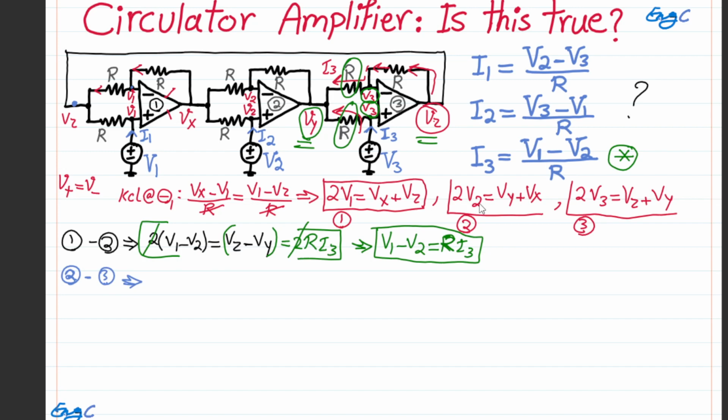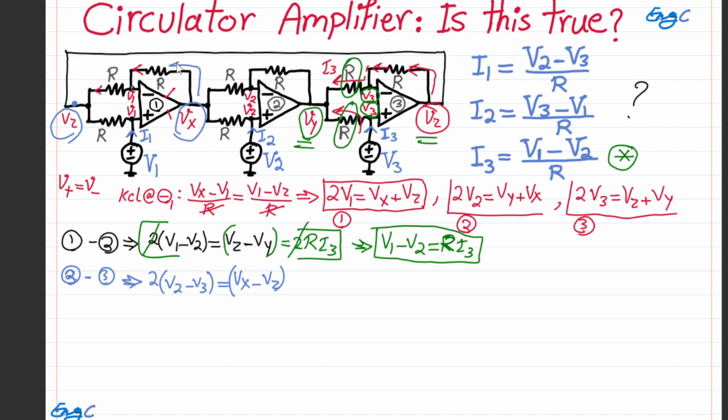So 2 times V2 minus V3 is equal to Vy plus Vx minus Vy minus Vz. So it's Vx minus Vz. Now, interesting. Oh, okay, so it's exactly the same as what we saw for the third op amp.